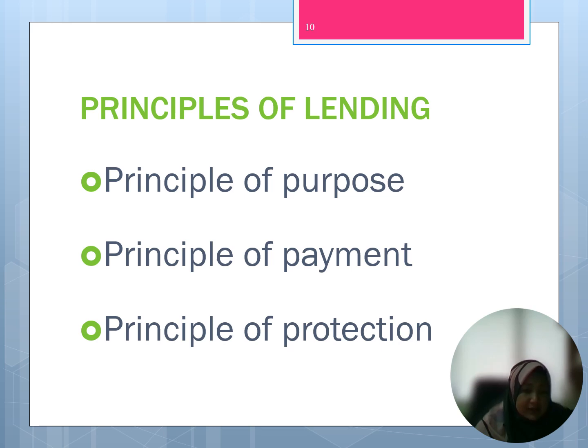The second defense of the principle of protection is collateral. If the bank is not really confident about the cash flow that the borrower can generate, they will ask for collateral.